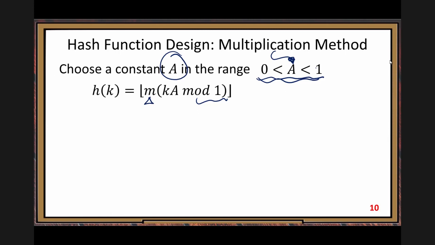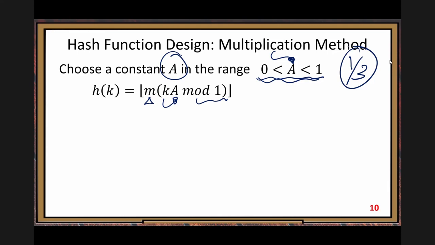Can you imagine any special number such that when you do integer multiplication with A, you always have a fractional part? How about 1/3? If I multiply by K, a multiple of 3, then 1/3 times K is an integer, right?